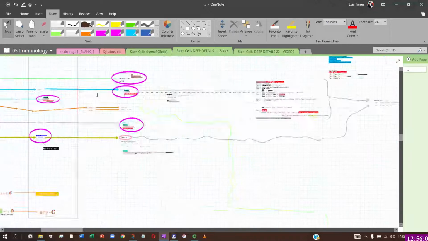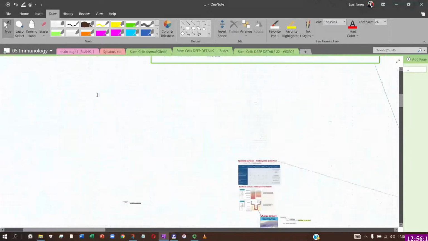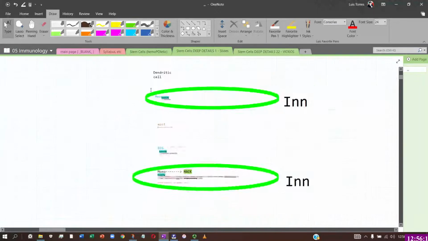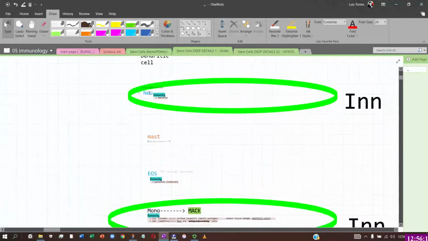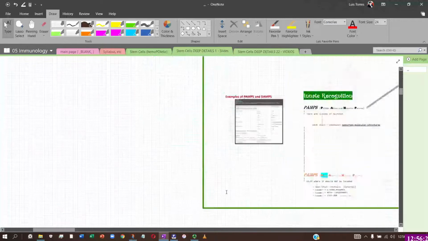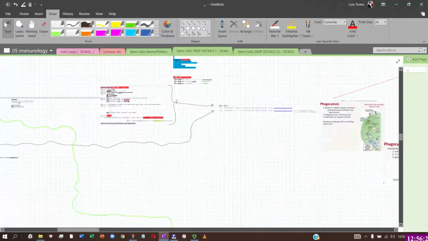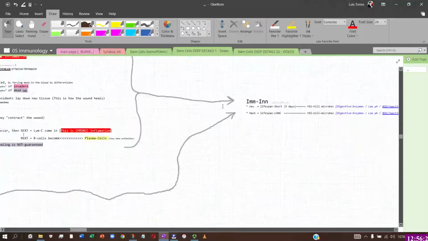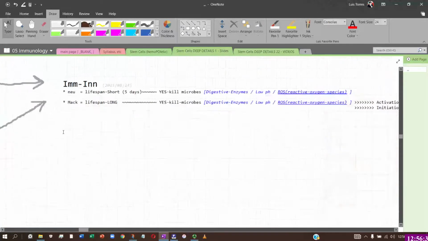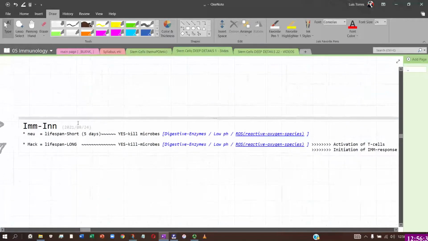All right, and also neutrophils. Oh, cool, there we go. That's where the connection takes place. So neutrophils are key players in acute inflammation, and that's why here I drew these gray arrows, both converging on innate immunity. And here is a little summary of neutrophils versus macrophages.